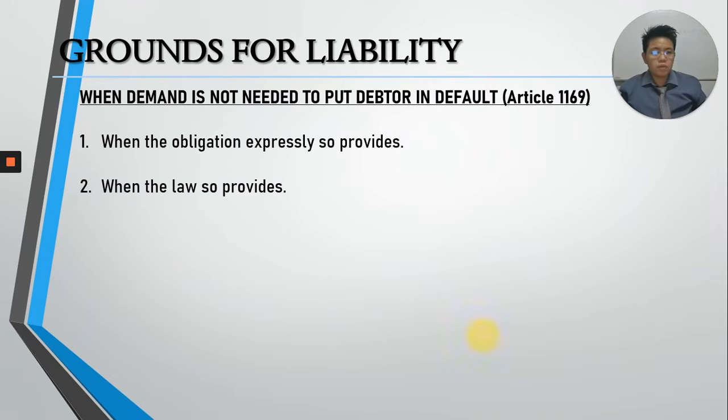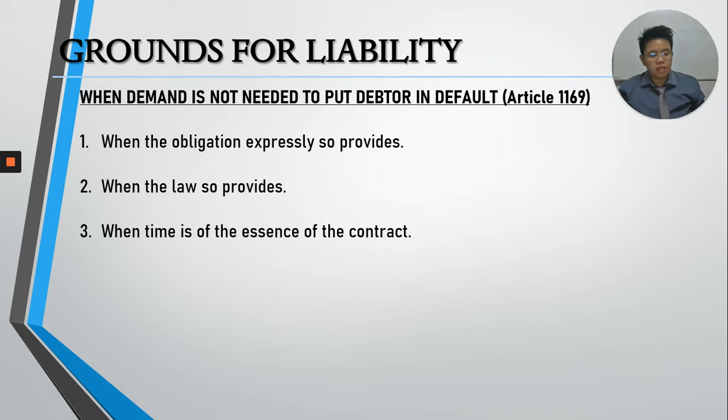Number 3 is when time is of the essence of a contract. So remember, class, in number 3, the fixing of the time is the controlling motive for the establishment of the contract. So the debtor here, alam niya na kung hindi niya ma-perform within the time required or designated yung obligation, wala nang kwenta ito para sa creditor.